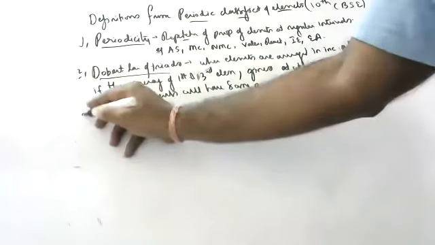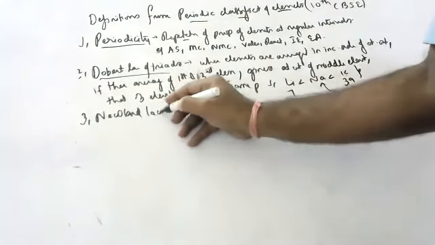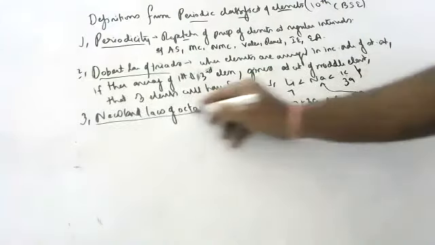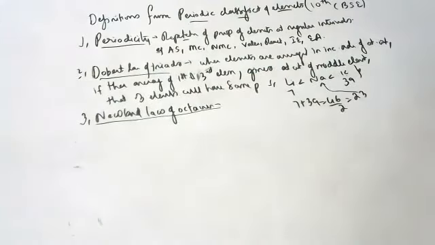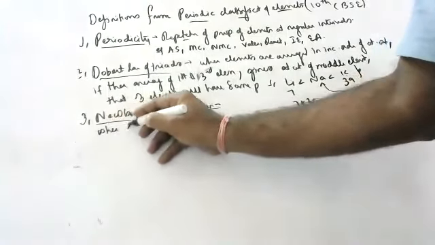Okay, children? Next one. Newlands' law of octaves. When elements are arranged in increasing order of their atomic weights, then every eighth element is the repetition of the first element in its properties. Very good, both of you.